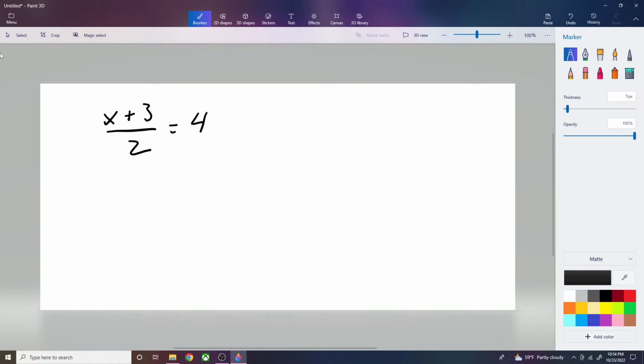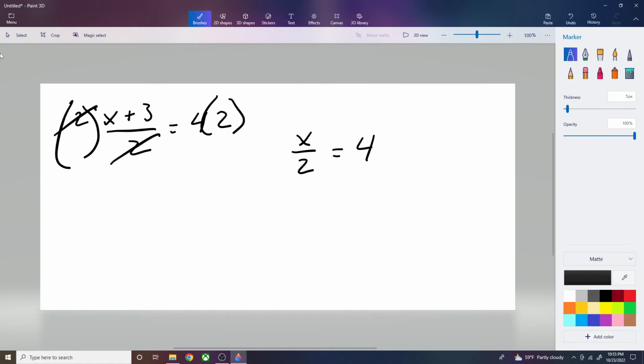Because what this tells us is that half of x plus 3 is equal to 4. So if we can figure out what divided by 2 equals 4, then we know what x plus 3 must be equal to. And so we're going to multiply both sides of this equation by 2. And in doing so, we'll neutralize that.